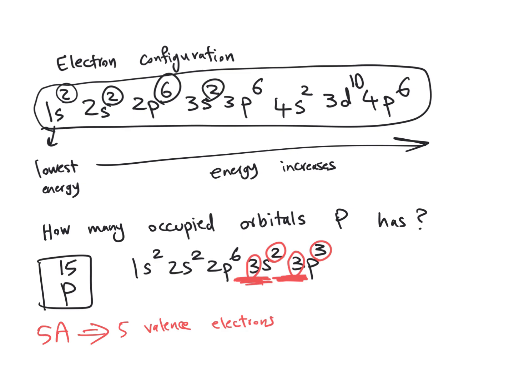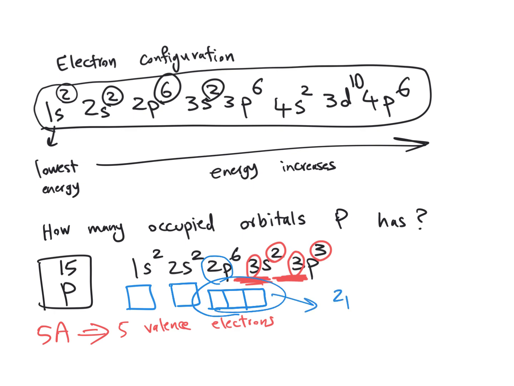And I asked you how many occupied orbitals P has. So remember that your s subshells have only one orbital, right? What about the p subshell? How many orbitals does, for instance, 2p have? It has 3.